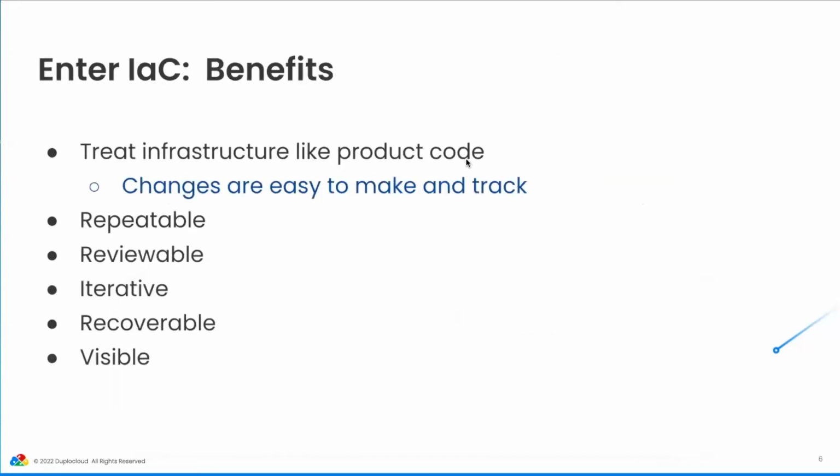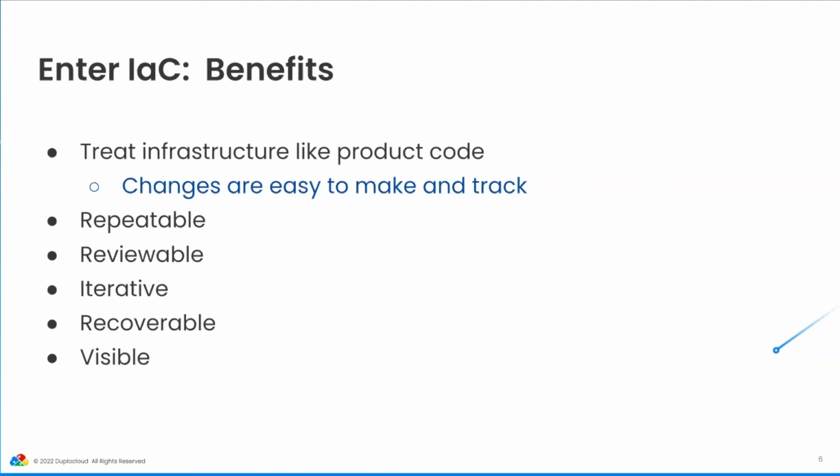So let's talk about the benefits. Let's get down to business. We want to treat our infrastructure just like our product code. We want changes to be easy to make and to track. That gets us to a point where things are repeatable, instead of somebody going into your cloud and making a change and we're not really sure what happened.